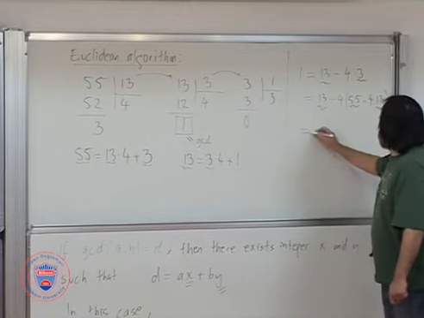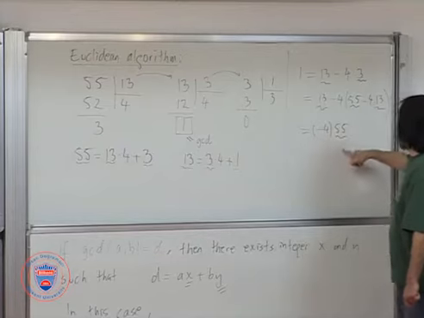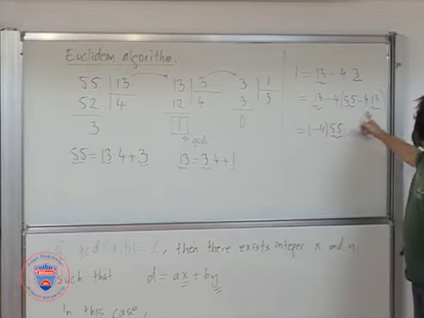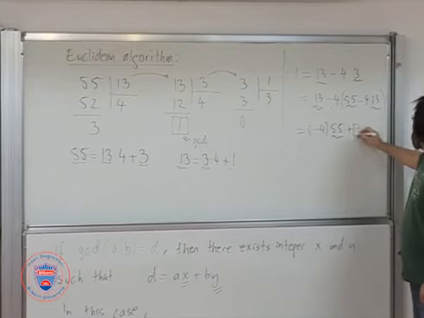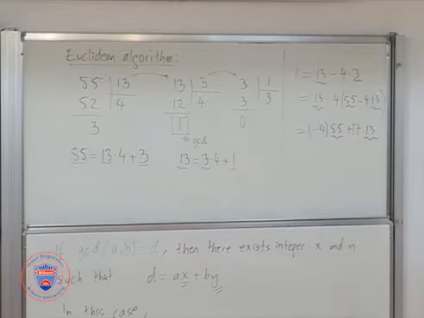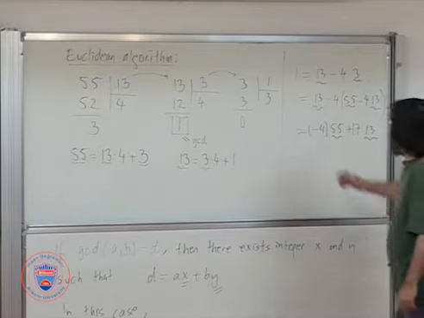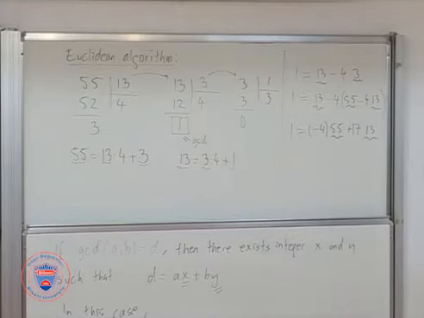Put these together, you get minus 4 times 55. This is your special number. Plus 16 plus 1, 17 times 13. So that means you can get 1 as 17 times 13 minus 4 times 55.